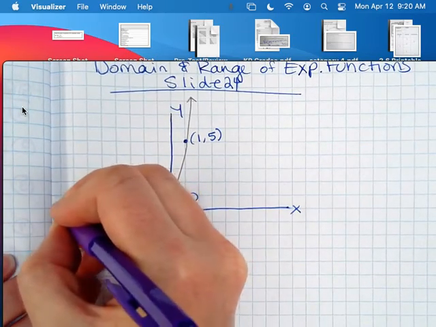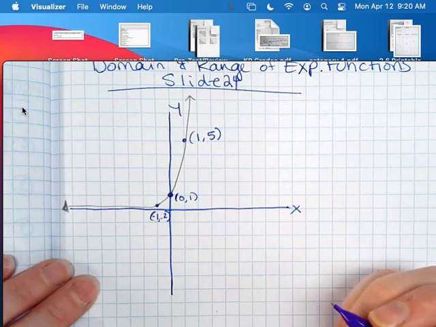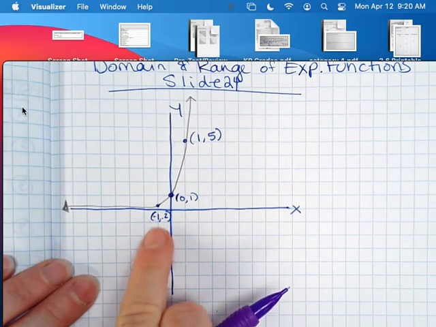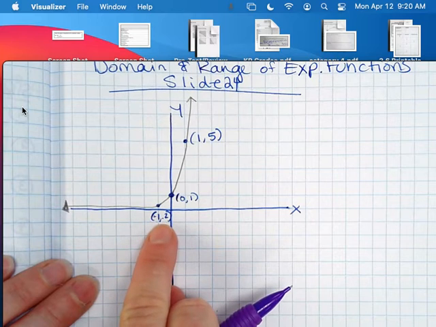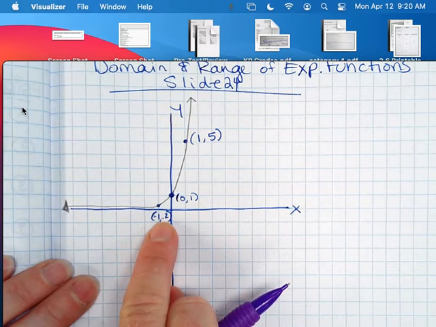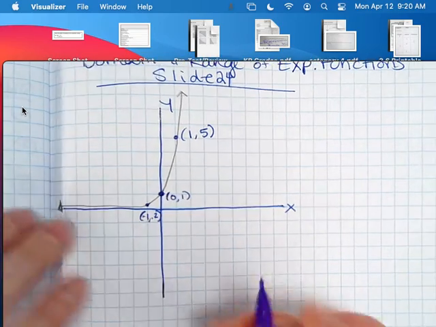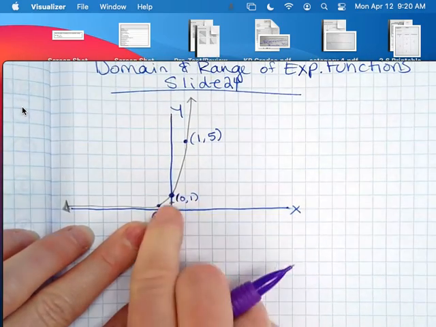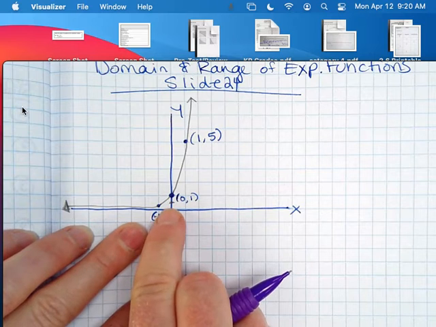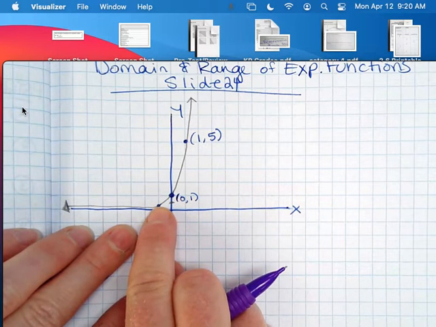Wait, so on that one, we go 1 to the left and then 0.2 up? Yeah, 0.2. So half would be 0.5, so 0.2 would be a little less than half of that.